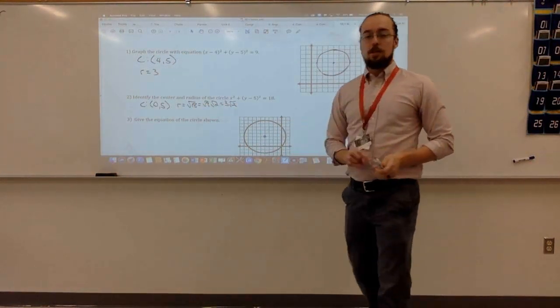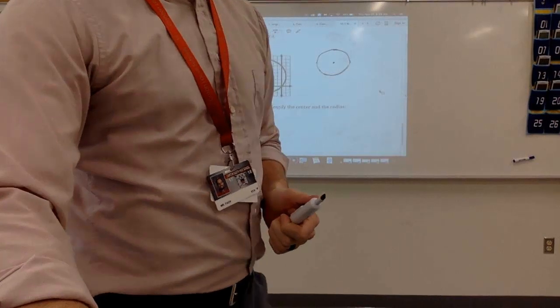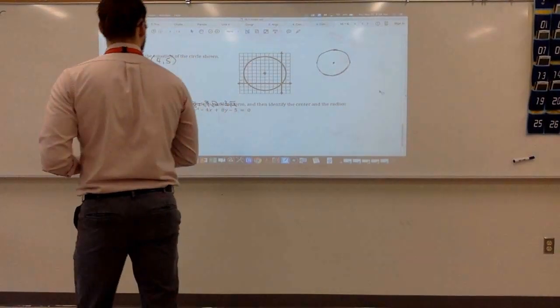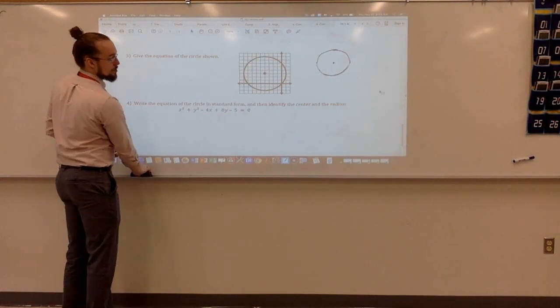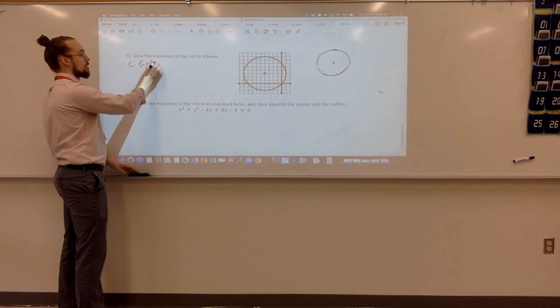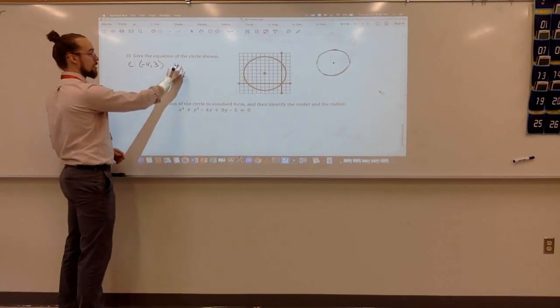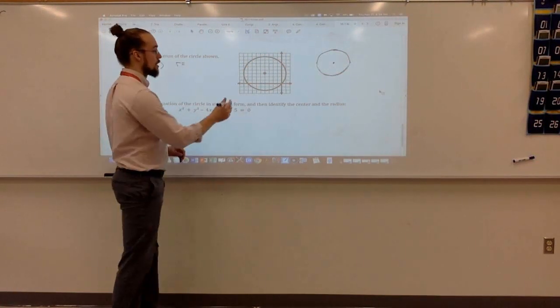Now, what about number 3 here? If we're given a graph, how could I write the equation? The center is at -4, 3. What's the radius? Radius looks like it's 5.